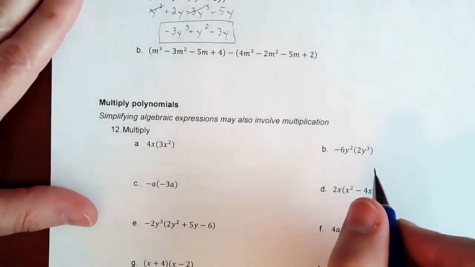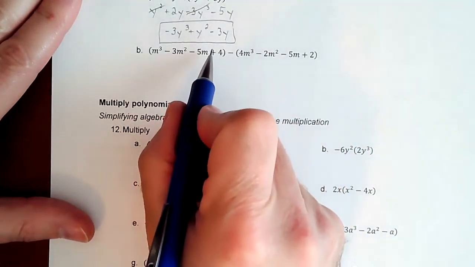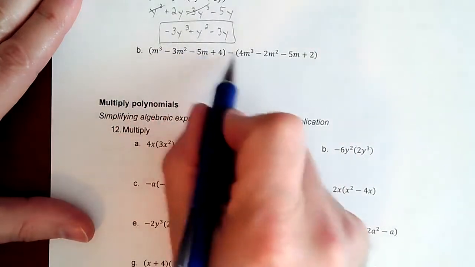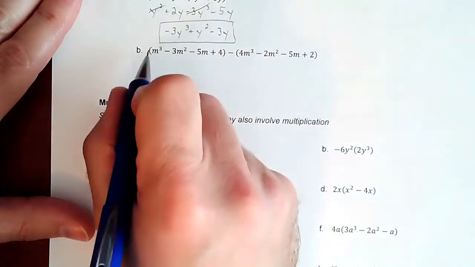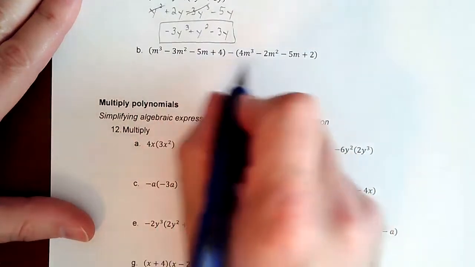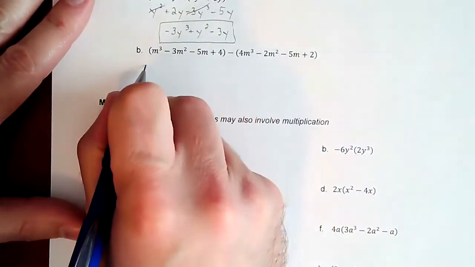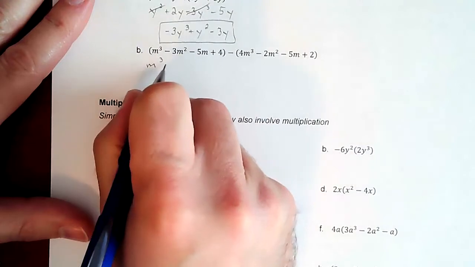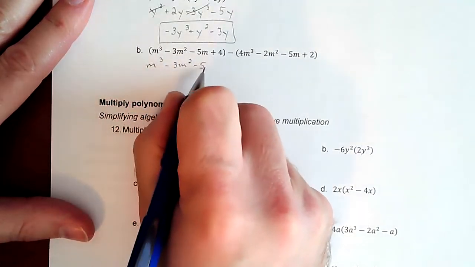All right, and then the last one. The last one has two sets of parentheses because the idea is that it's this expression minus this expression. So you're combining like terms. This is just kind of an organizational thing initially. There is nothing to distribute into this one, so I can just rewrite it. Minus 3m squared minus 5m plus 4.